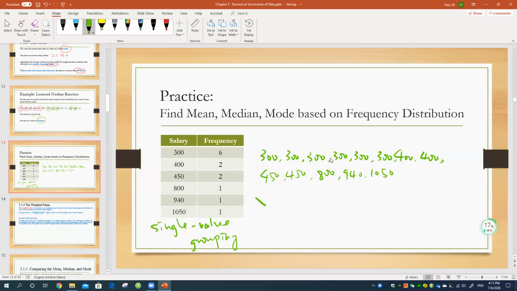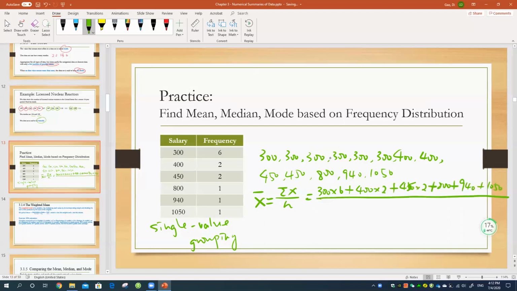Then if you want to find the mean, x bar equals sum of x divided by n. So sum of x is the sum of all the values. So we have 300 times 6 plus 400 times 2 plus 450 times 2 plus 800 plus 940 and plus 1050, divided by how many numbers we have.